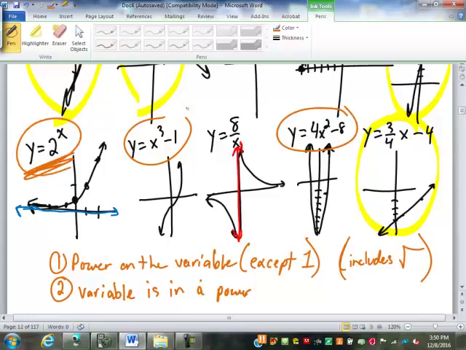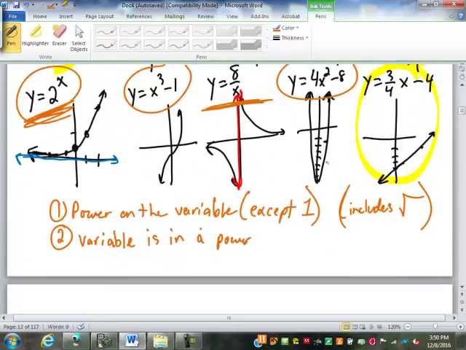And then finally this one here, y equals 8 divided by x. We're dividing by a variable. Technically, that's the same as number 1 because you could read that as just x to the power of -1. But it happens often enough, we're going to name it separately.